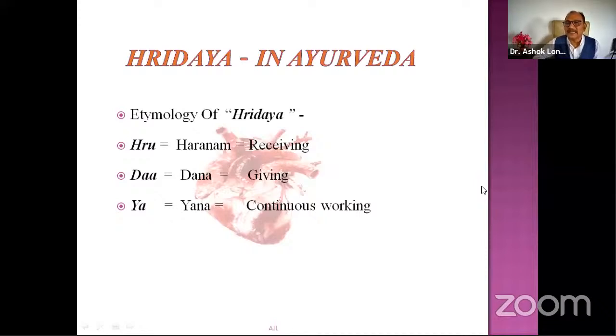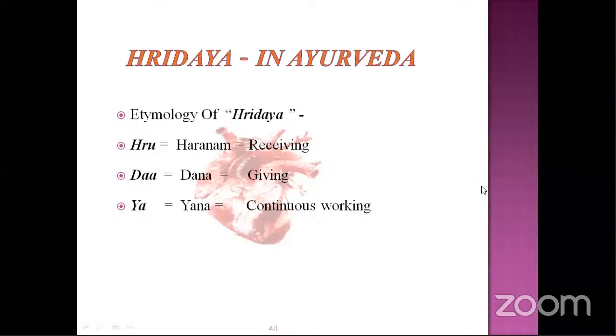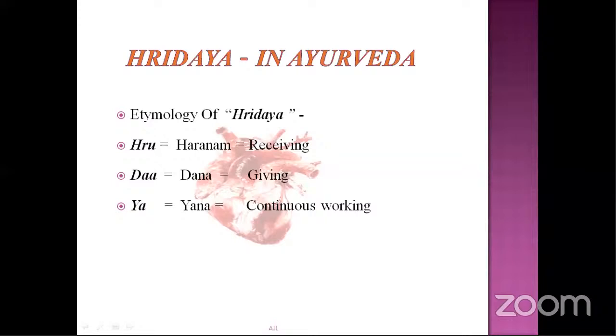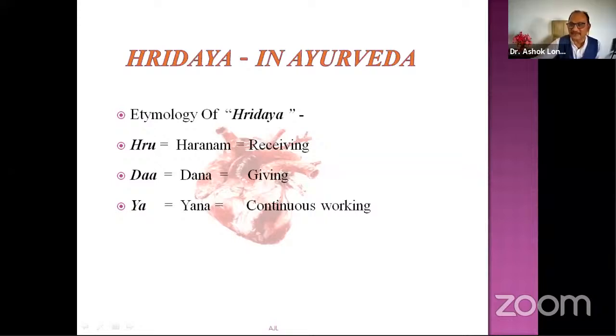Here ru means haranam, receiving. Da means giving, dana. And ya means yana, continuous working. So this is the meaning of Hridaya: the organ which actually receives and gives, and this process goes on throughout our life.